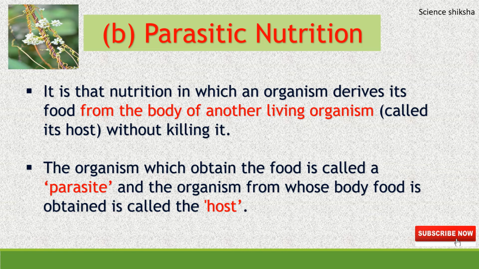This point is very important from the examination point of view also, because the students get confused about which is the parasite and which is the host. So you have to remember that the organism which obtains the food is called parasite, and the organism from whose body food is obtained is called the host.